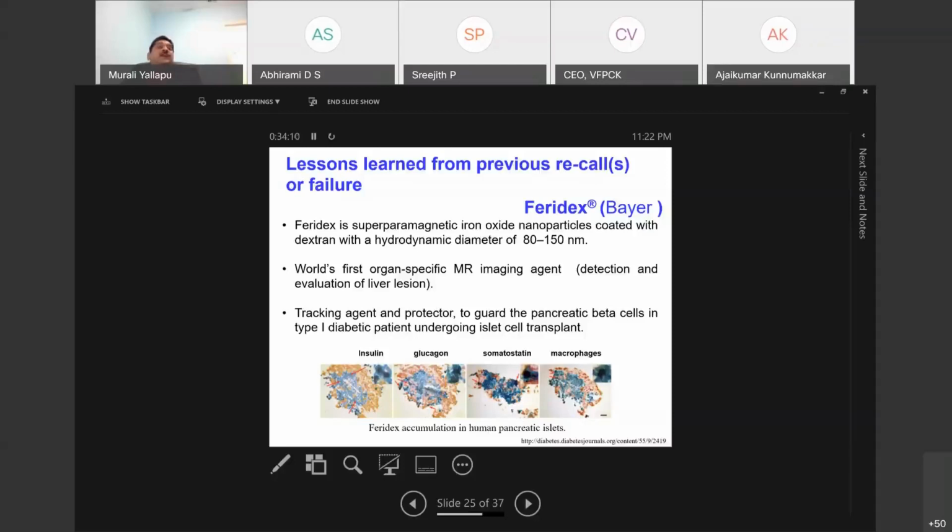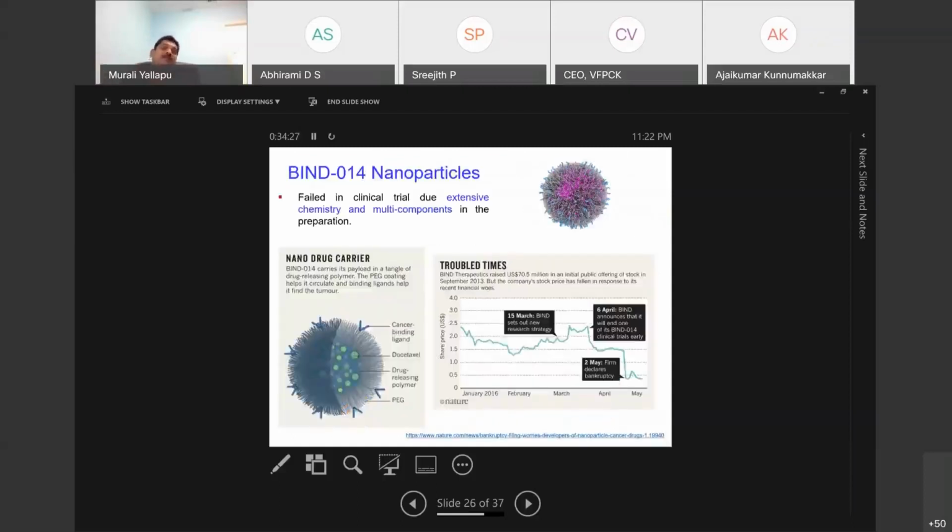So that means, as I mentioned before, stability is key for any nanotechnology application, at least for biological applications. Here in cancer it is the most widely used, so you must have better stability. As I mentioned before, too much chemistry is not always going to lead to a better outcome.